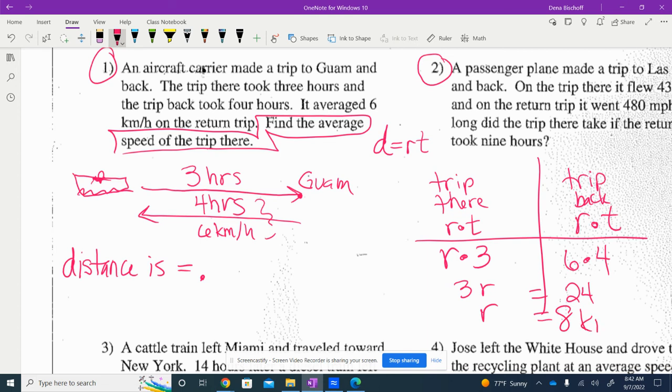Eight kilometers per hour. So average speed is 8 kilometers per hour.